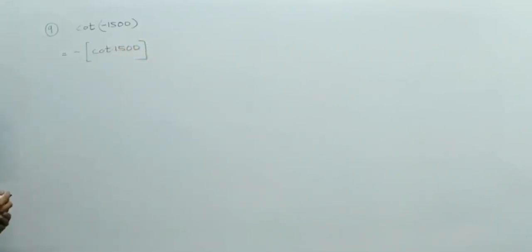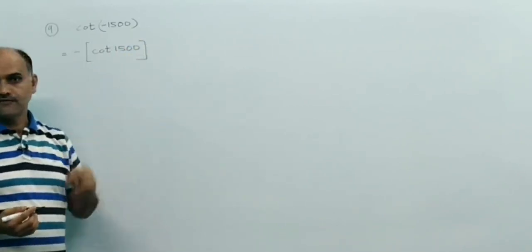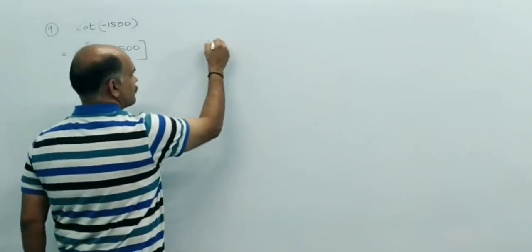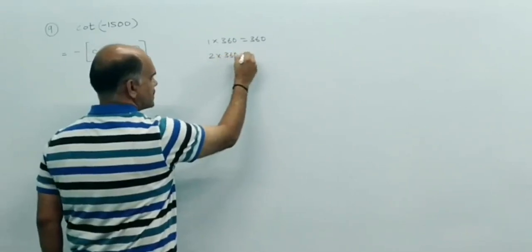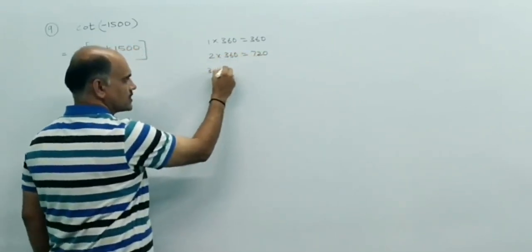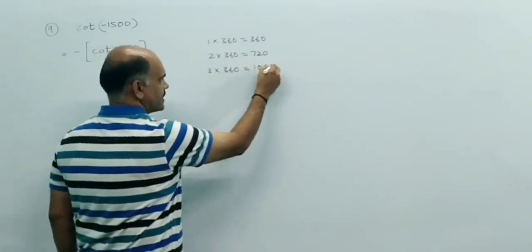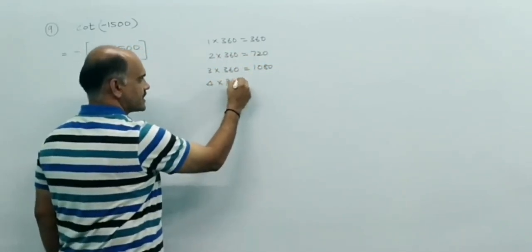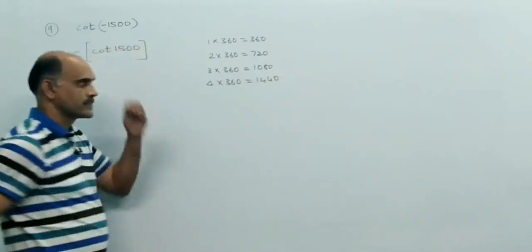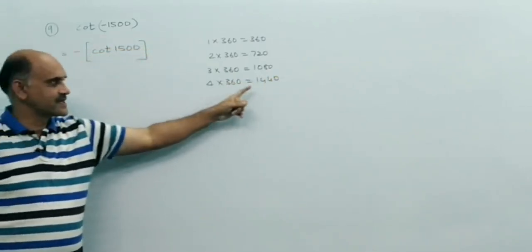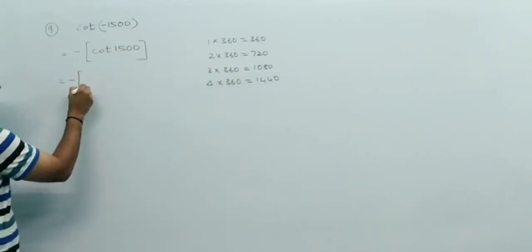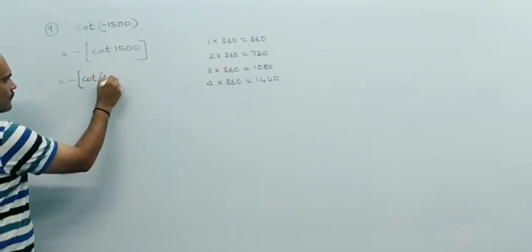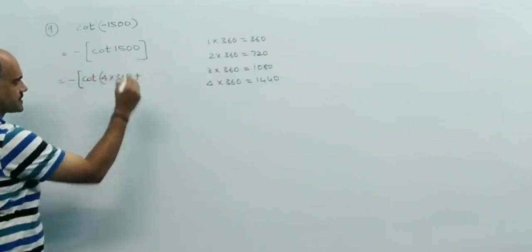Now 1500 is greater than 1440. You should remember this. 1 into 360 is 360. 2 into 360 is 720. 3 into 360 is 1080. 4 into 360 is 1440. Now 1500 is greater than 1440, so I can write this as minus cot of 4 into 360 plus.